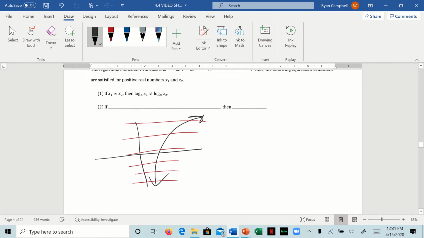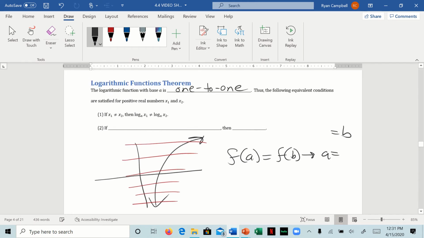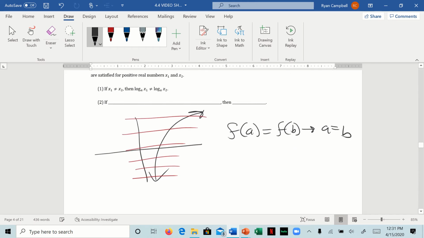And because of that, we know that if we plug in f of a and f of b, we're going to come out with a equals b. But since we already have an a in our actual equation, that might be a little confusing. So instead, let's just plug in f of x1 and f of x2. If these are equal, by the definition of 1 to 1, we know that x1 equals x2.